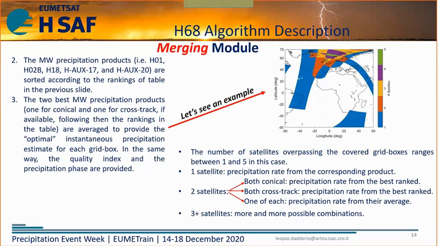Then the microwave precipitation products are sorted according to the ranking of the table in the previous slide.